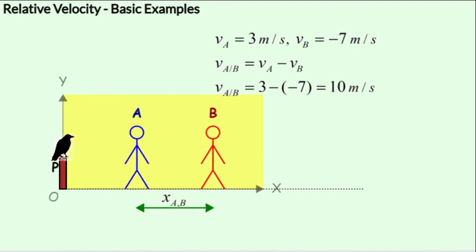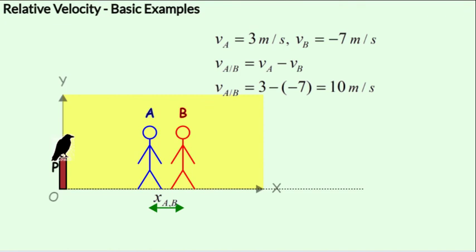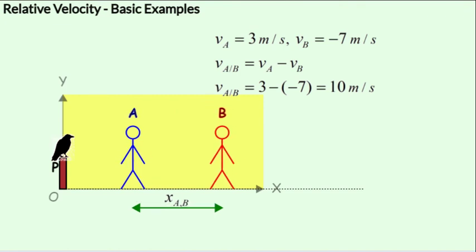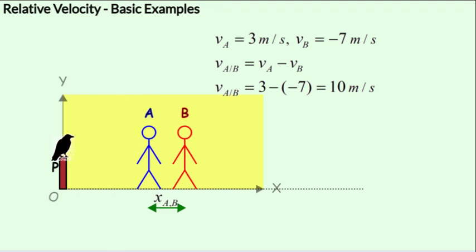If B sees A approaching in the positive direction of the x-axis, then A will see B also approaching with the same speed, but in the negative direction of the x-axis.